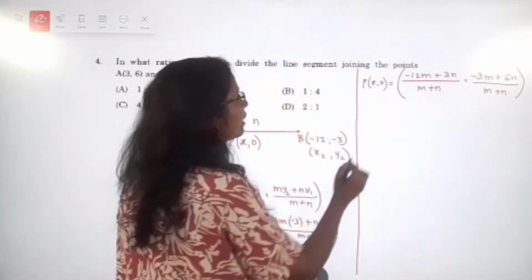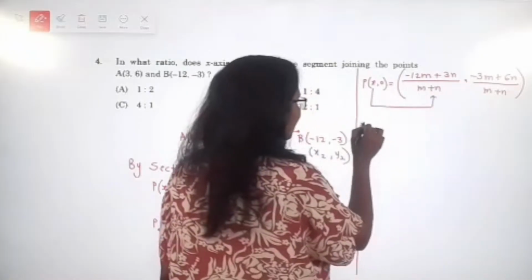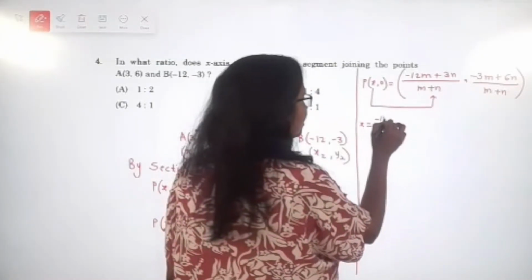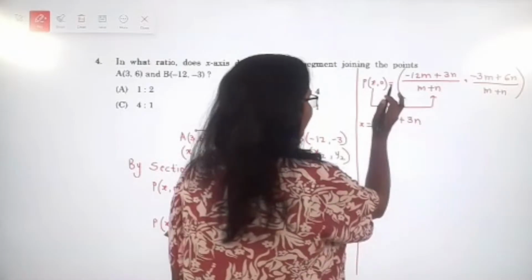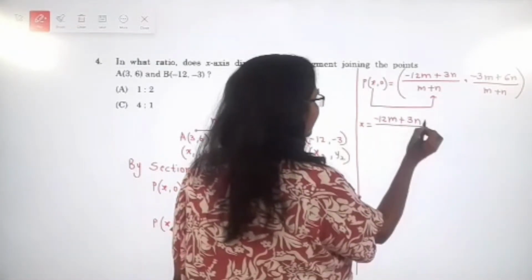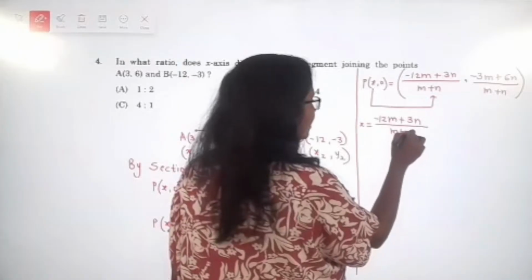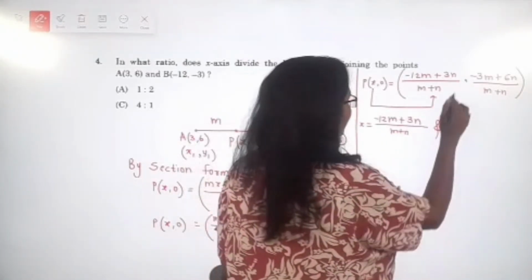So now here we equate both the sides. So the value of x will be minus 12m plus 3n upon m plus n, and y is equal to this one.